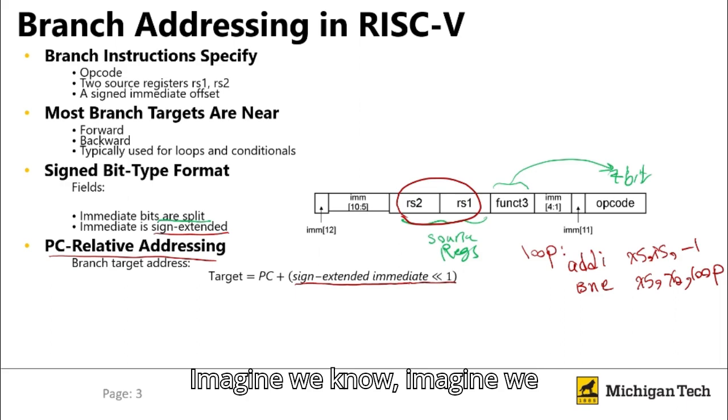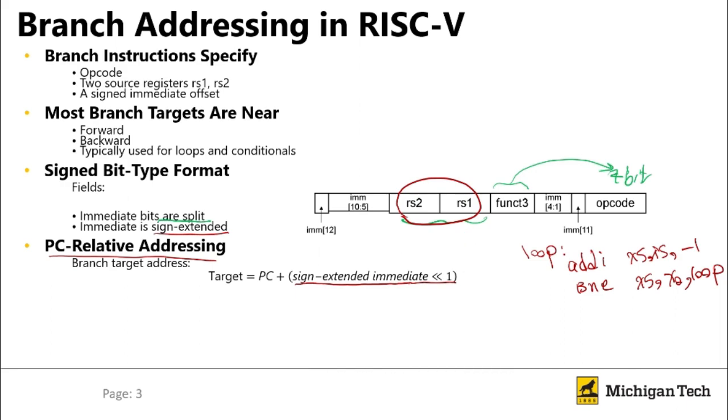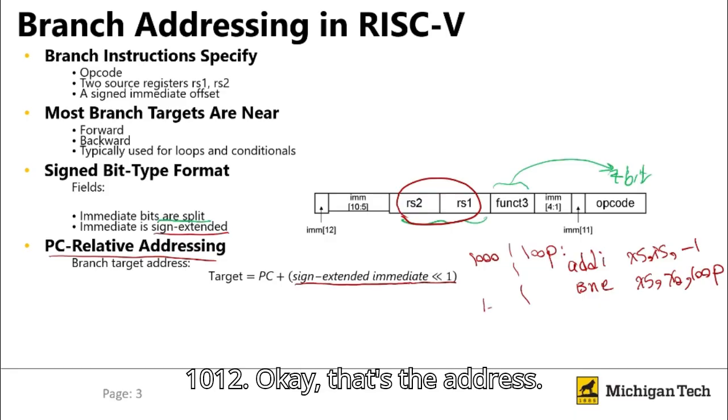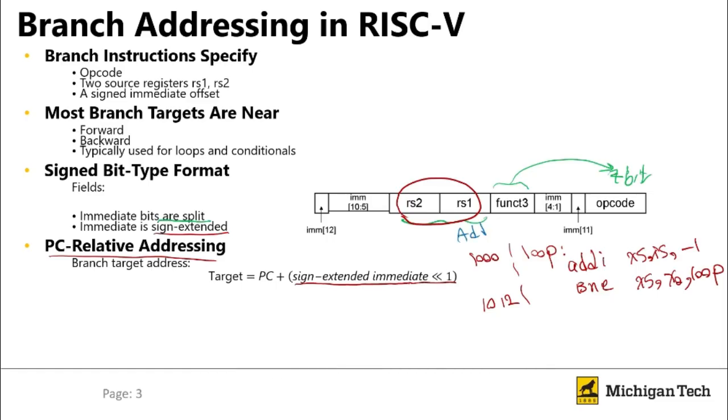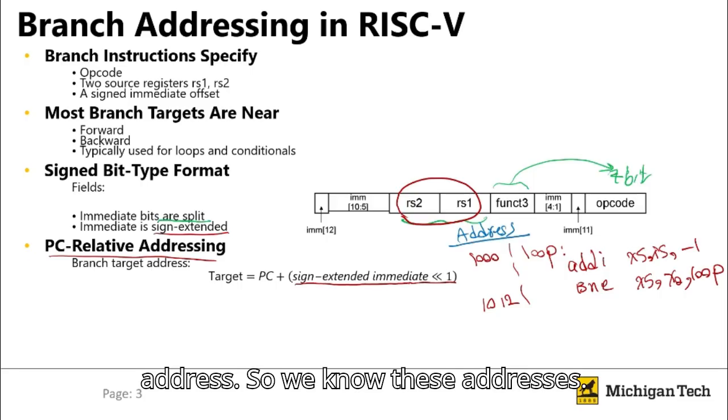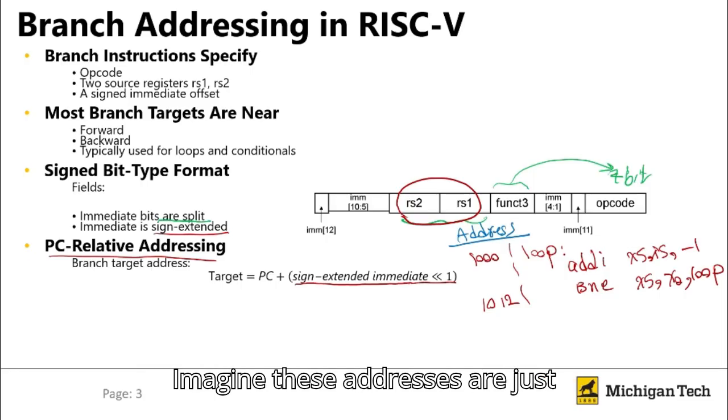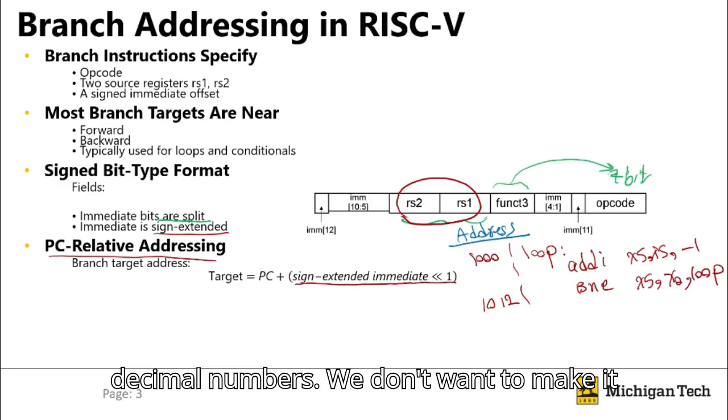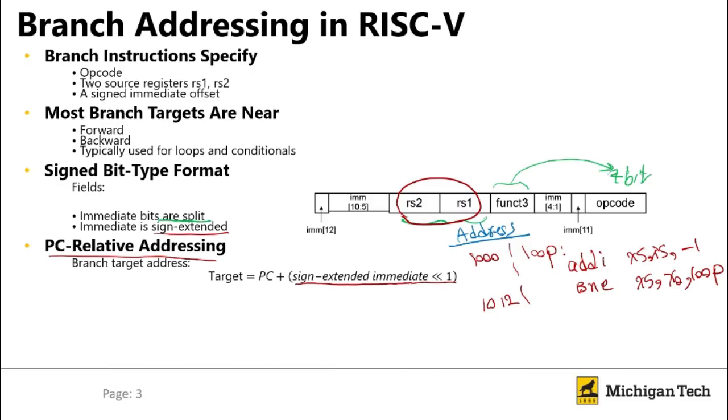Imagine we know the address for loop is 1000, and the address for branch not equal is 1012. Okay, we know these addresses. Imagine these addresses are just decimal numbers. We don't want to make it complex.